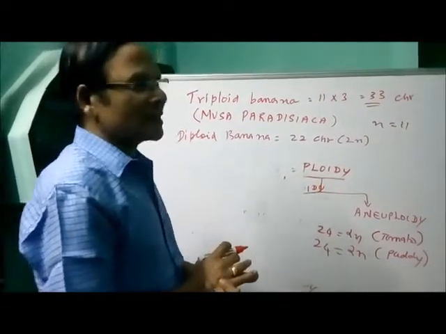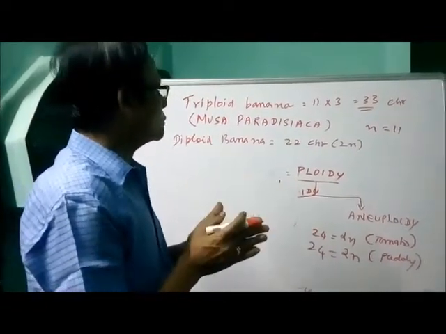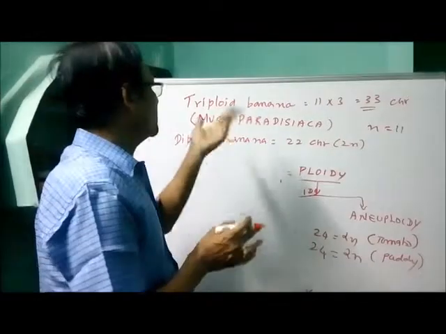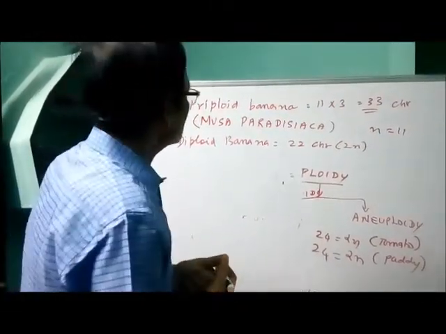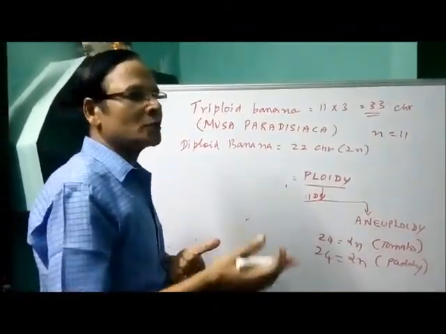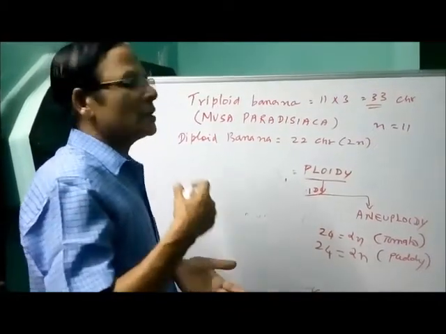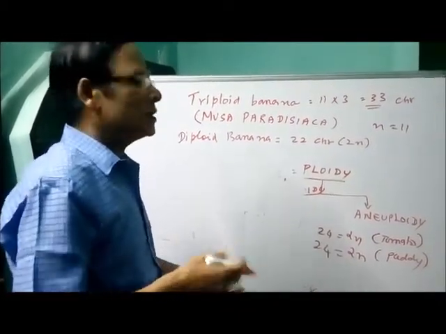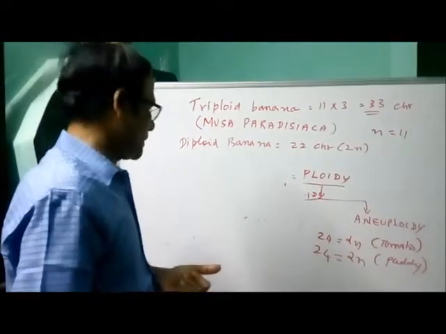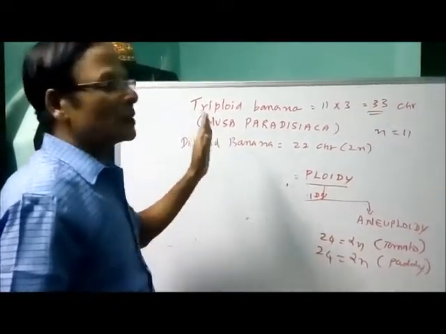That causes gigantism, more growth, and also a seedless fruit. Likewise we also have watermelon, and many have produced triploid tomato, etc.